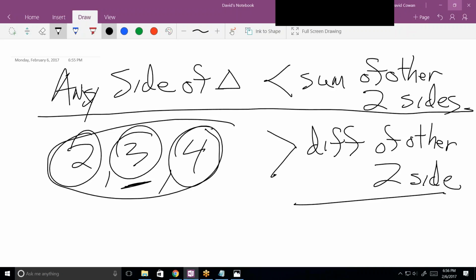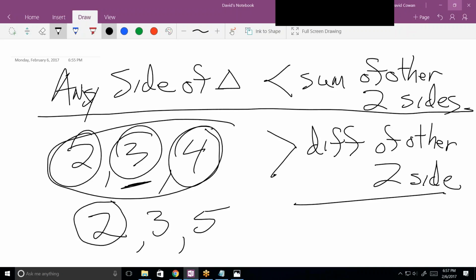Could you have this triangle? 2, 3, and 5. A triangle with those kind of sides. I don't think you could. No, every single side fails one of those tests. 2 is less than 8, but it's not greater than 2.